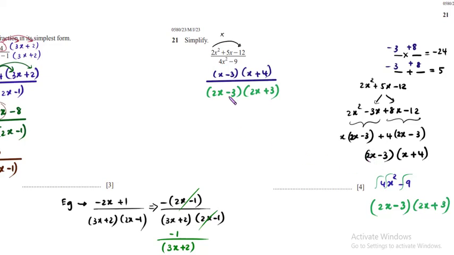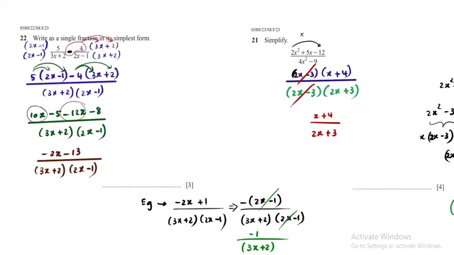So the first one will be 2x. So this is 2x minus 3. I'm so sorry about that. It should be 2x minus 3. Now I'm going to simplify this. So when I simplify, this gets crossed out with this, leaving us with this answer, which means x plus 4 over 2x plus 3 is our answer for this calculation.